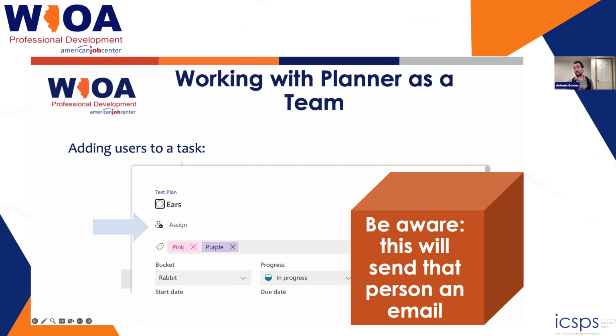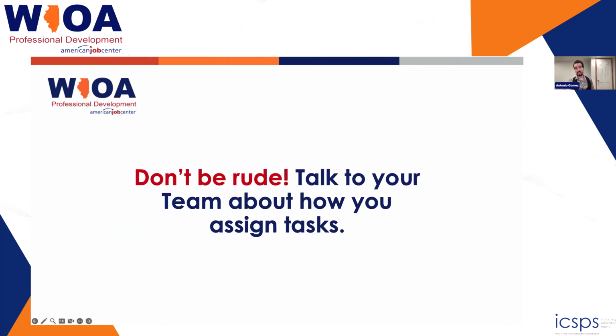So just be aware of that. If you haven't discussed it as a team, I would say don't be rude. Talk to your team about how you assign tasks. If somebody just gets a random email, the email will literally say, so-and-so has assigned you a task. If you haven't talked about that before, that could come across a little bit passive-aggressive or aggressive.